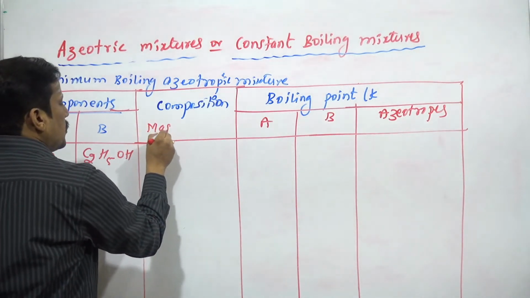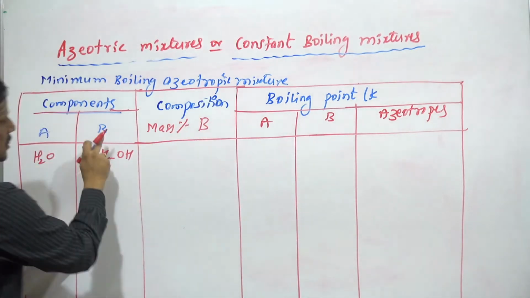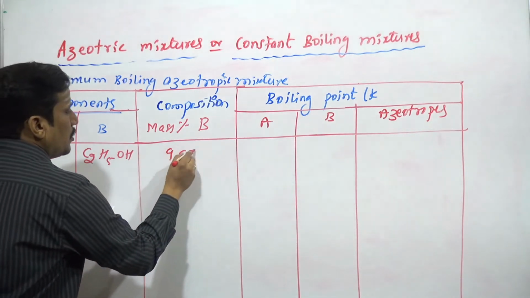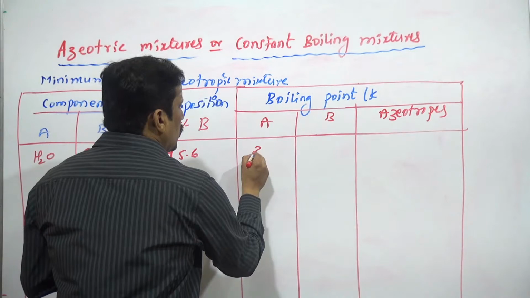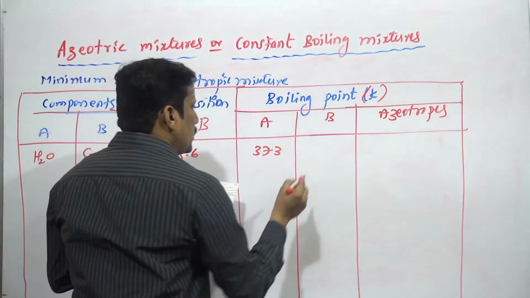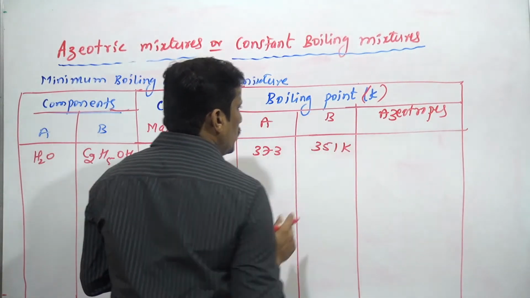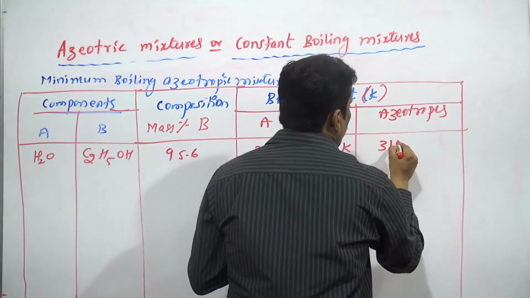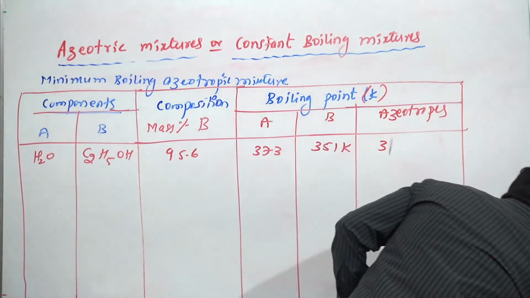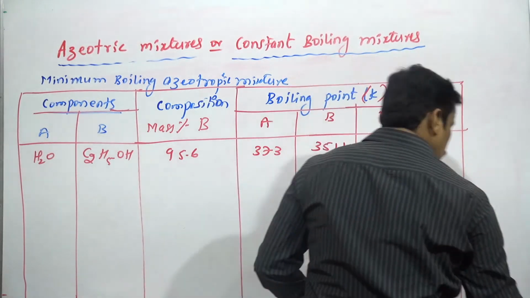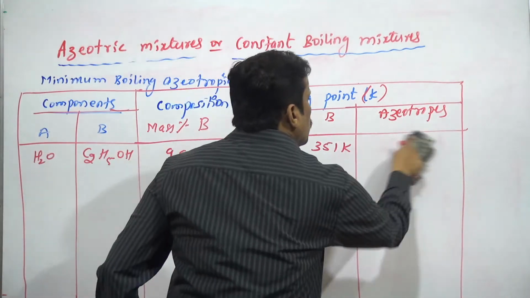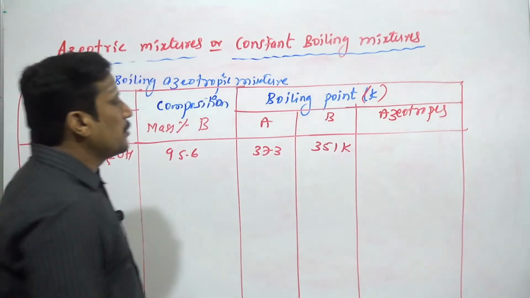Composition is the mass percentage of B; the remaining is A component. We have 95.6%. Component A boils at 373 Kelvin, B boils at 351, and the mixture boils at 351.5 Kelvin.